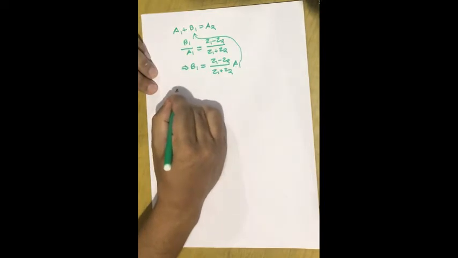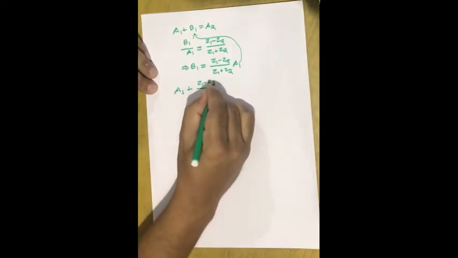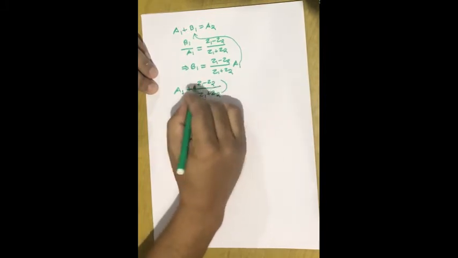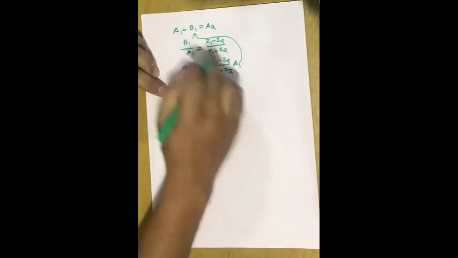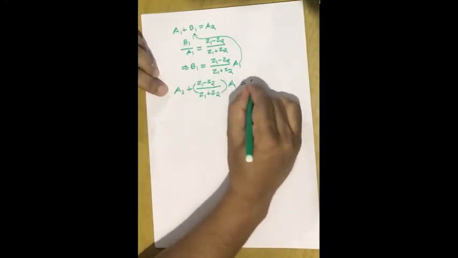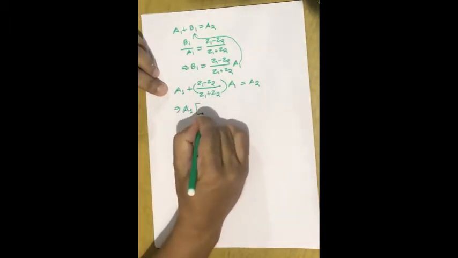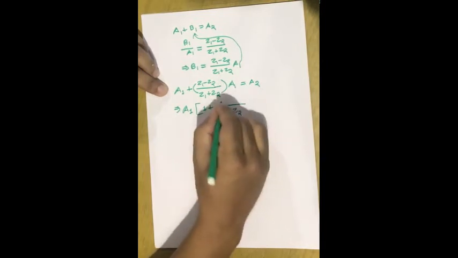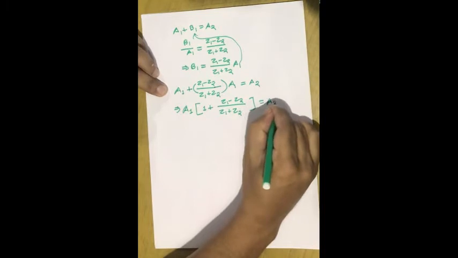That means we will get A1 plus Z1 minus Z2 over Z1 plus Z2 into A1, in place of B1, is equal to A2. If we take A1 as a common factor, then it will be 1 plus Z1 minus Z2 over Z1 plus Z2 is equal to A2 over A1.